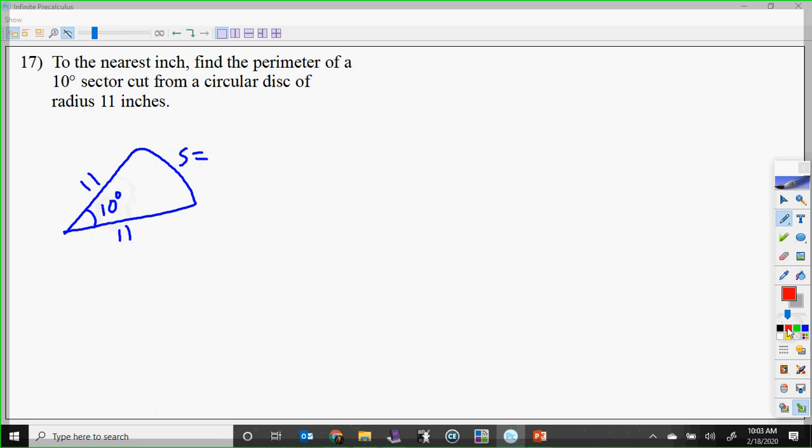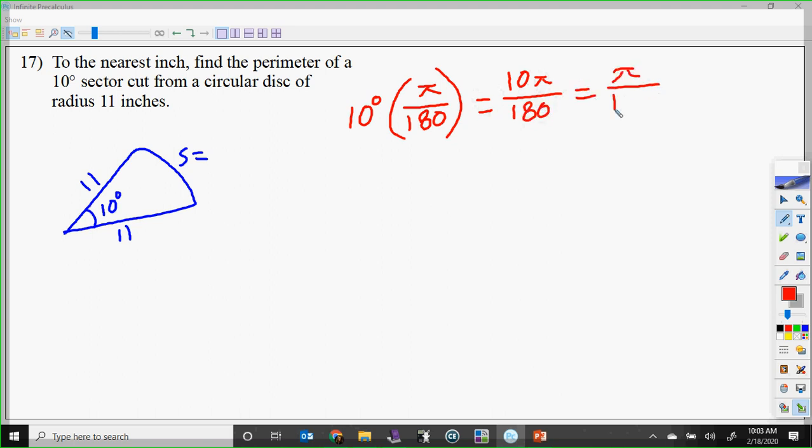Let's start off by changing 10 degrees to radians. So 10 pi over 180 is just 1 pi over 18. Don't know what S is.